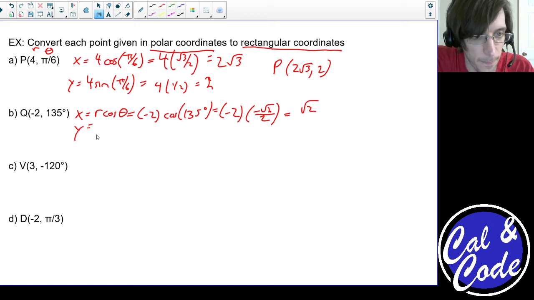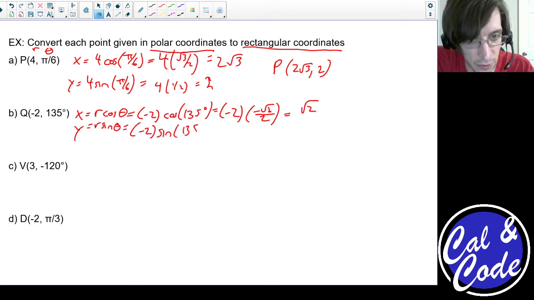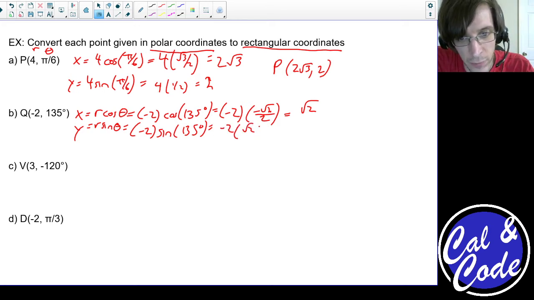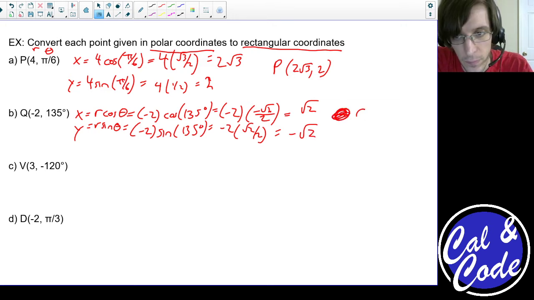For y, r sine theta, I've got negative 2 times the sine of 135 degrees. Sine of 135 degrees is positive root 2 over 2, so you end up with negative root 2. So point Q is root 2, negative root 2.